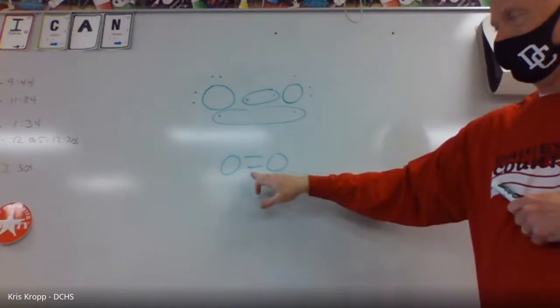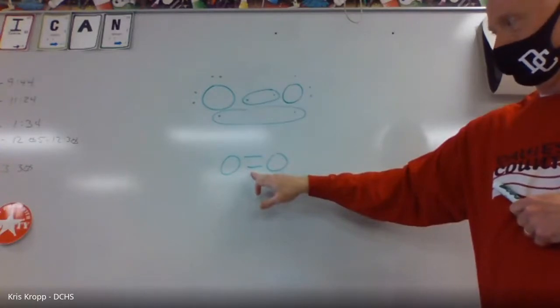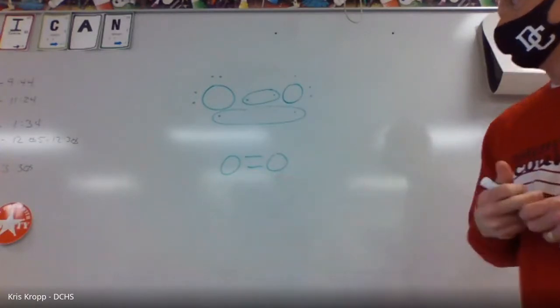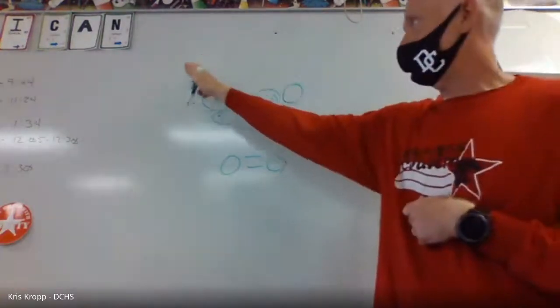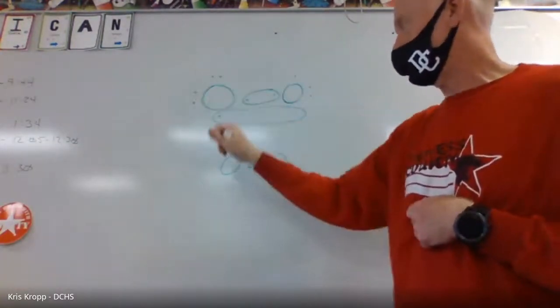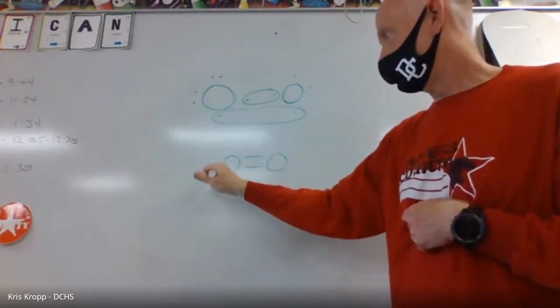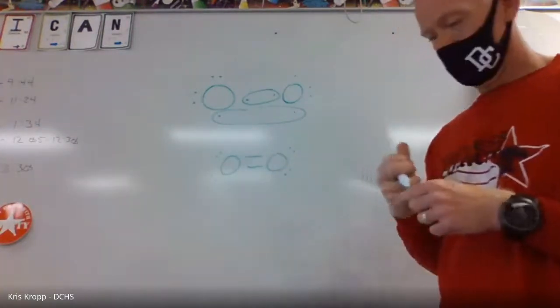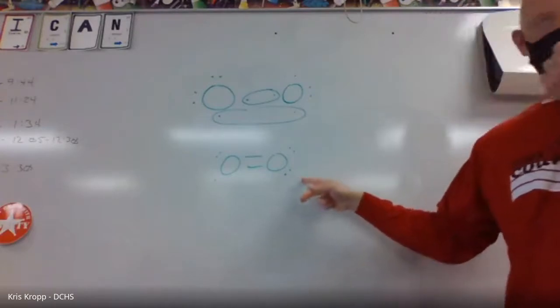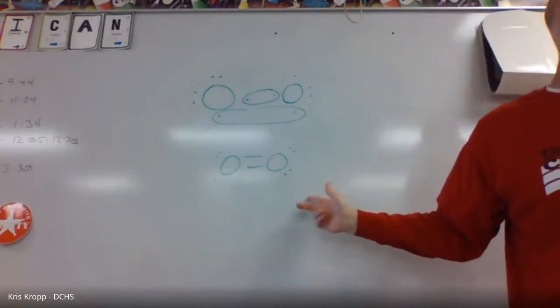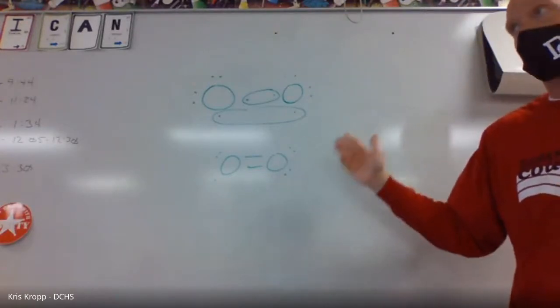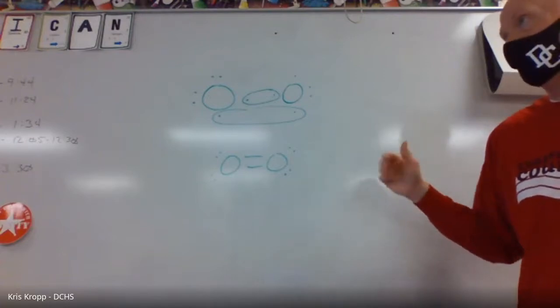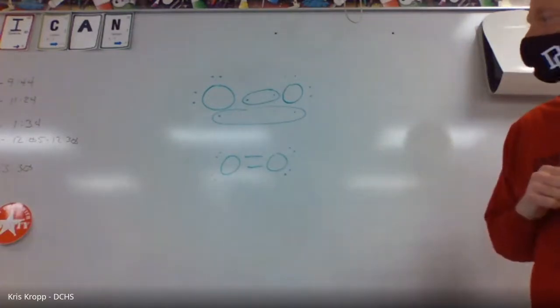So this is a double covalent bond. Now I still have these unshared pairs of electrons, so I'm going to put those in. All right, these unshared pairs of electrons are just that, electrons that are still hanging out around oxygen, but they're not being shared at all. They just belong solely to this oxygen.